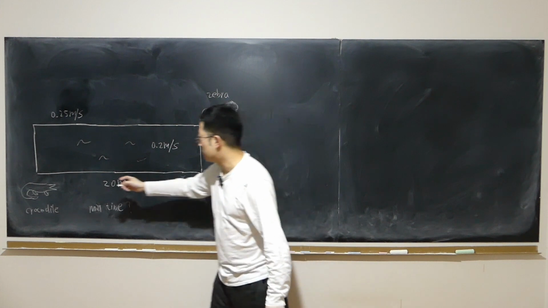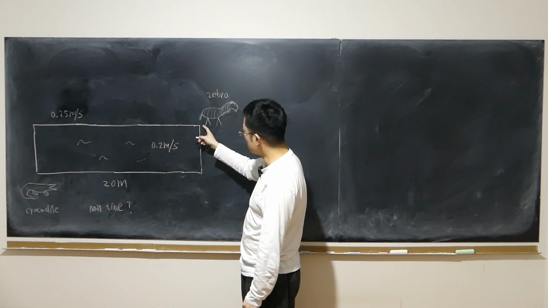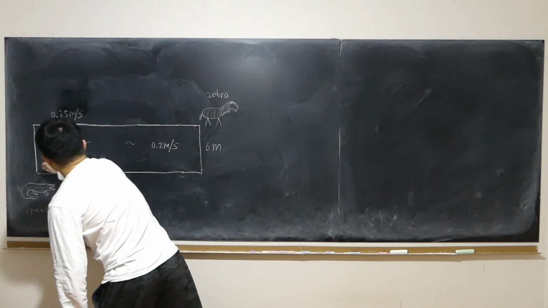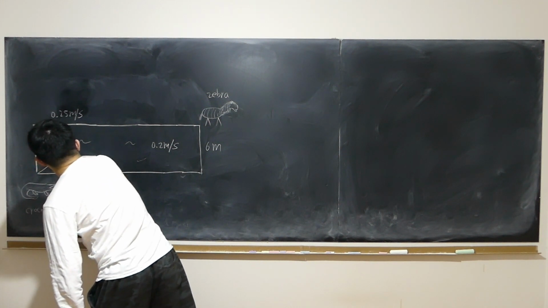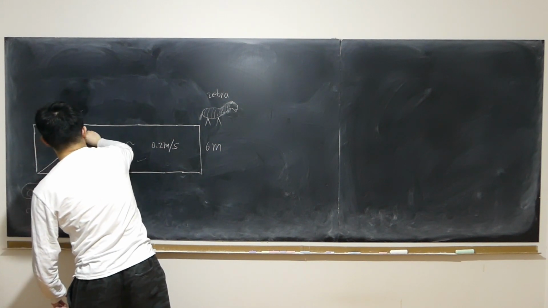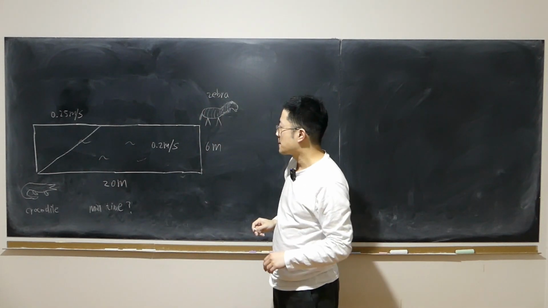Right? Here is a moving point. There is a fixed point right here. And of course, we're looking at what kind of path the crocodile should choose.